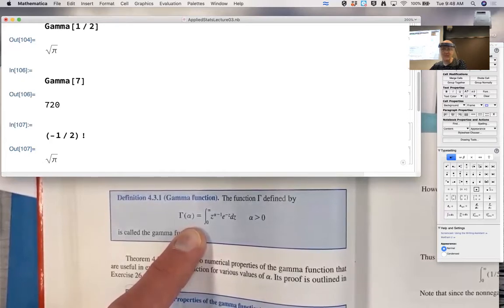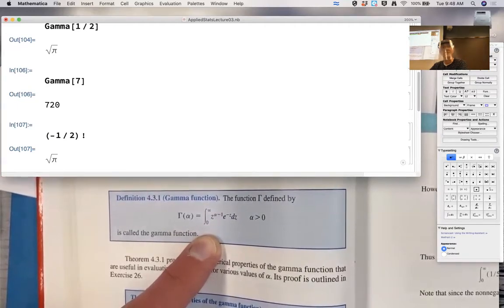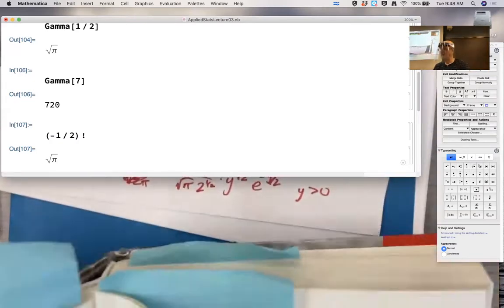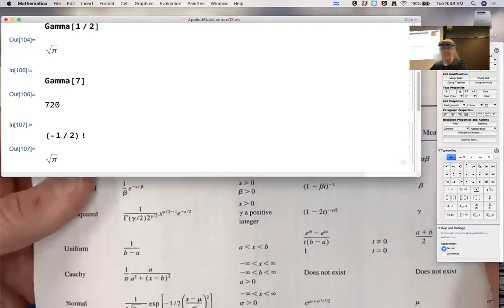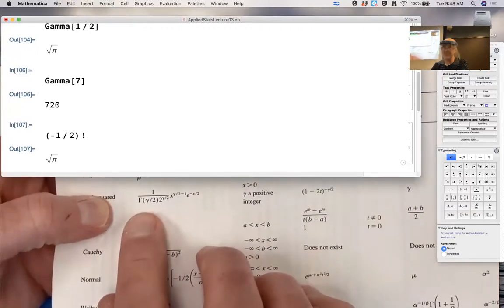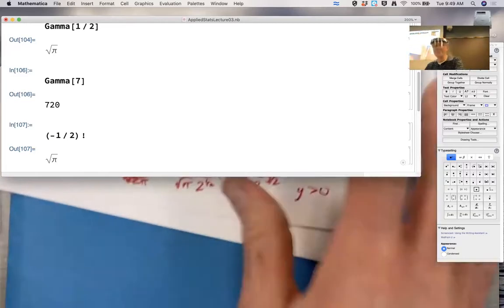And I guess you're allowed to plug in alpha equals 1/2 into that, and you would get the square root of pi for that integral. It's not clear why. You could look into it if you're interested. We're trusting Mathematica here. We have a chi-squared random variable here with little gamma 1 degree of freedom. Little gamma was the degrees of freedom. That's the result.